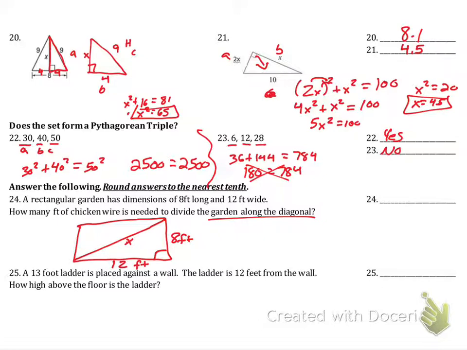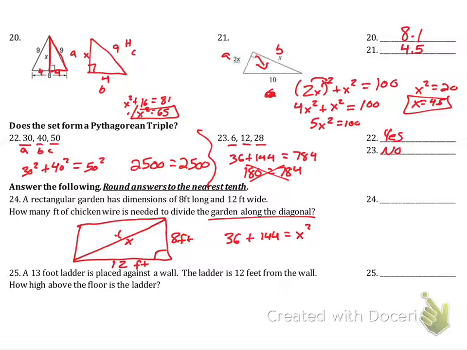So 8 squared is 36 plus 12 squared, which is 144, is then going to be equal to, this is my c right here, so I'll just call that x squared. So 36 plus 144 is equal to 180. Take the square root of 180, and I get 13.4. So on the answer key, it says 14.4, but let me just take another quick look here.